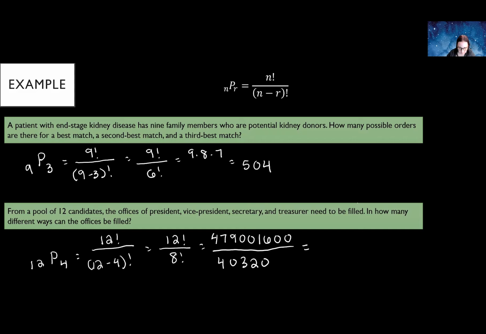You have to start keeping track, hopefully I don't lose numbers when I'm doing this calculation. If you get a decimal, that tells you you made your calculation wrong, you typed a number wrong, because these should always come out as whole numbers. So it's 11,880. Or instead of doing the factorials, it'd be 12 times 11 times 10 times 9.